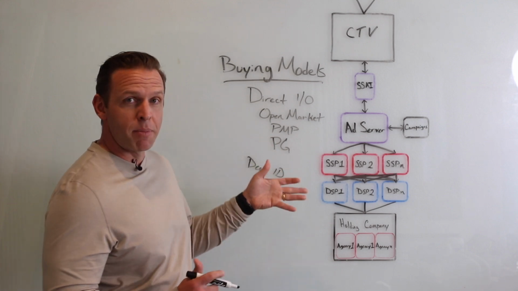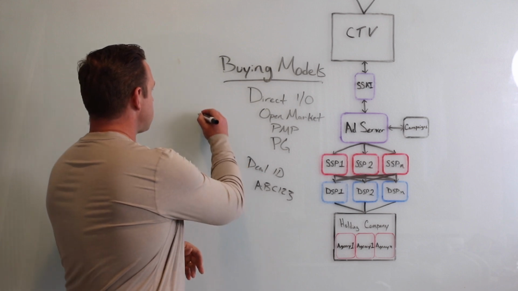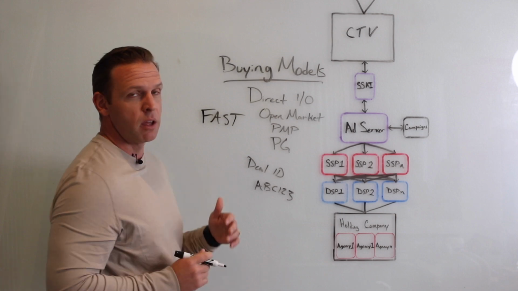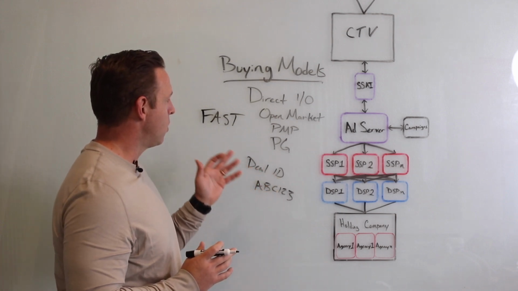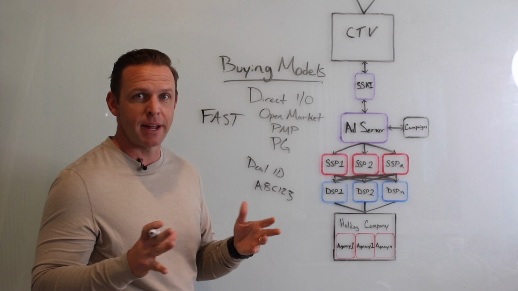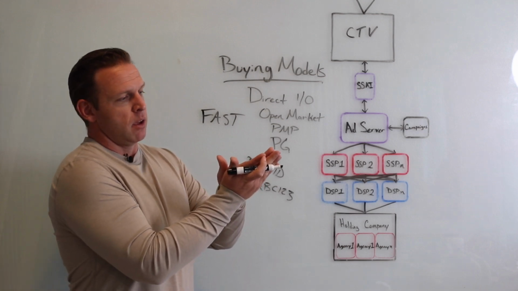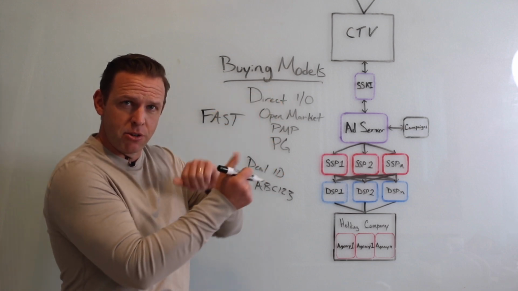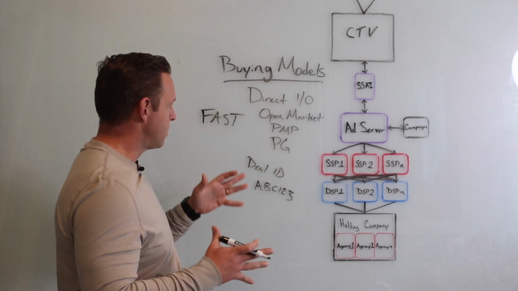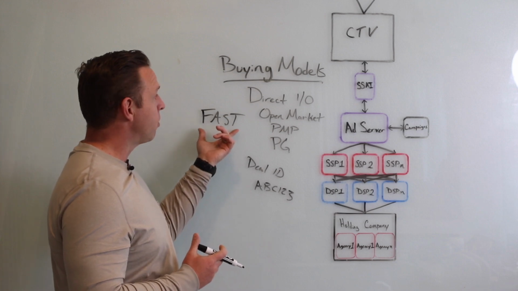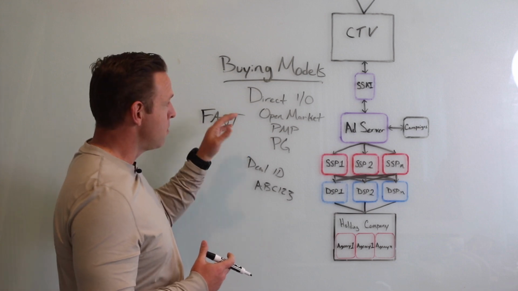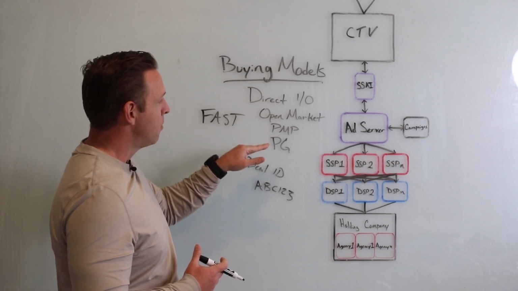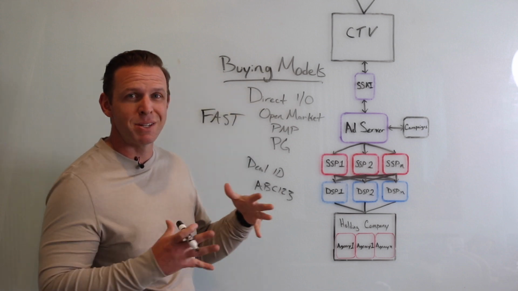When you start talking about FAST, so FAST, again, from my previous video, was free ad-supported television, or even some VMVPDs that have a list of channels, or an EPG, electronic programming guide, a list of channels that you can tune into. There's several of those out in the market. When you have that type of inventory, you might see more of an open market or biddable PMP than a PG or direct IO, because these businesses are just starting.